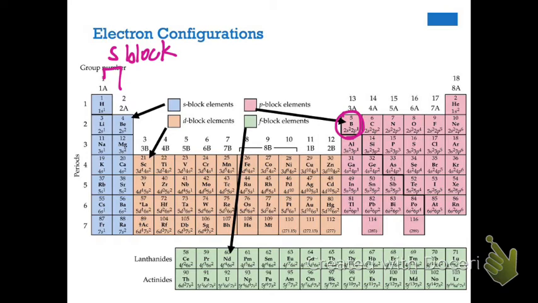Its atomic number is 5, so it would have 5 electrons. The first 2 electrons that go into boron have to be in an s orbital. The second 2 electrons also have to be in an s orbital, but now they're in the second energy level s orbital.